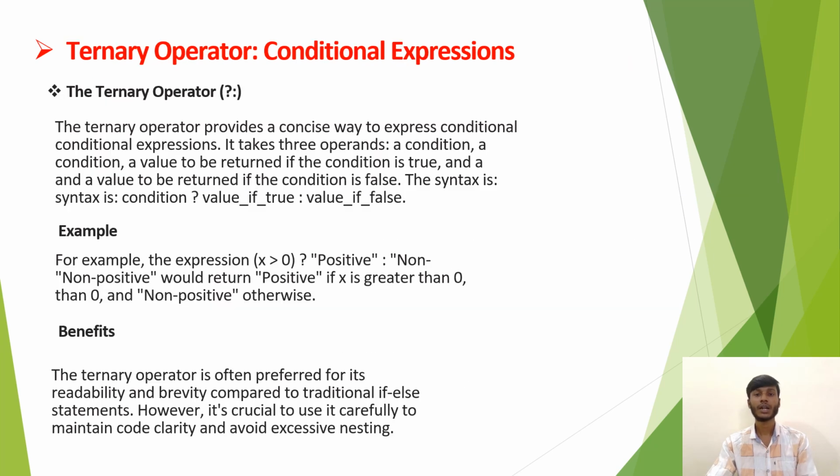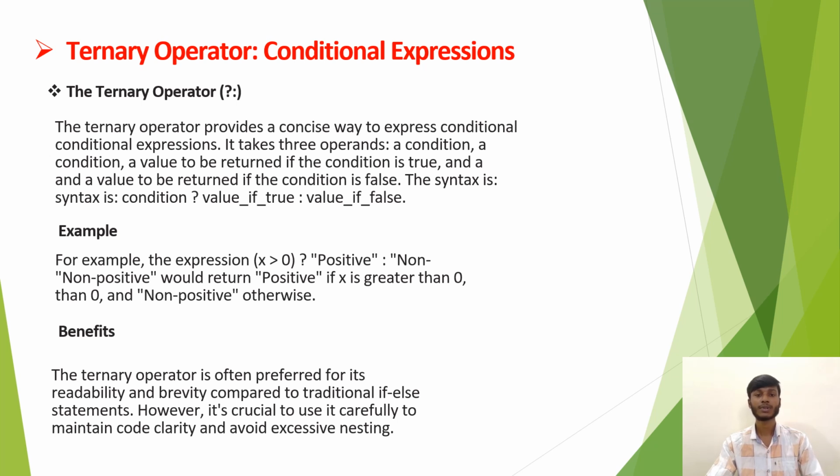Ternary operation, the conditional expression. The ternary operation provides a concise way to express conditional expressions. It takes three operands: a condition, a value to be returned if the condition is true, and a value to be returned if the condition is false. The syntax is condition ? value if true : value if false.